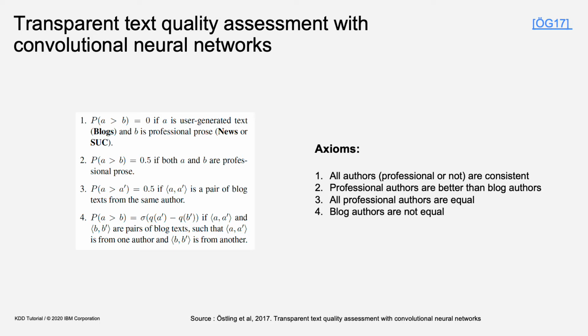P of A greater than A prime equals 0.5 if A and A prime are a pair of blog texts from the same author. And finally, P of A greater than B equals sigma of Q of A prime minus Q of B prime if A prime and B prime are pairs of blog texts such that A prime is from one author and B prime is from another.